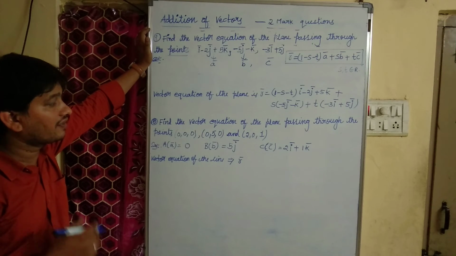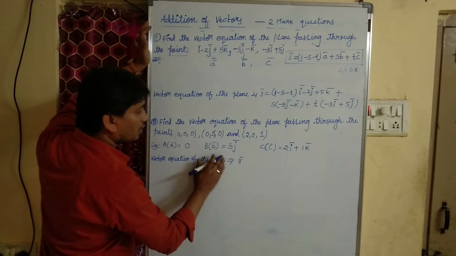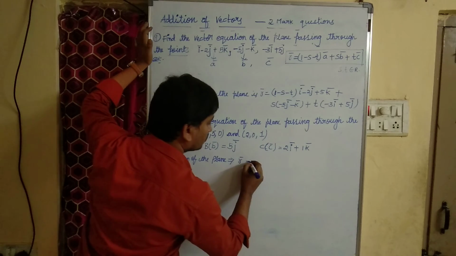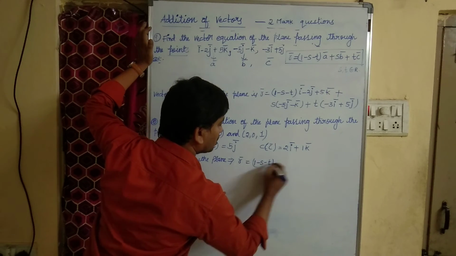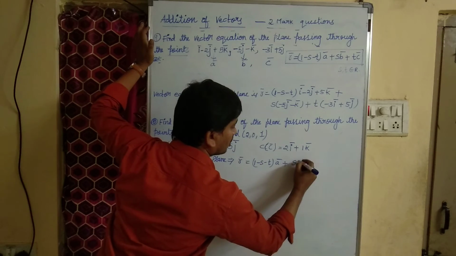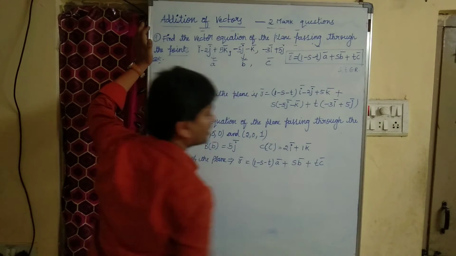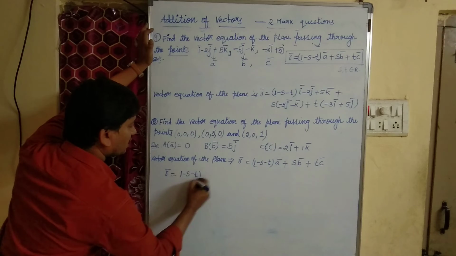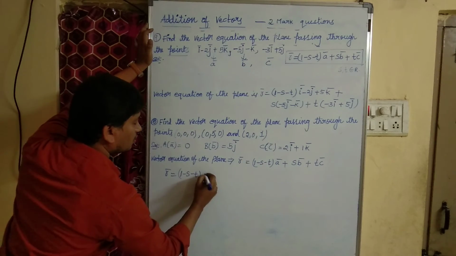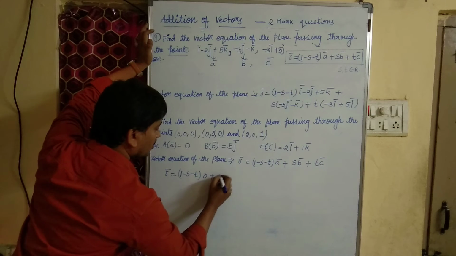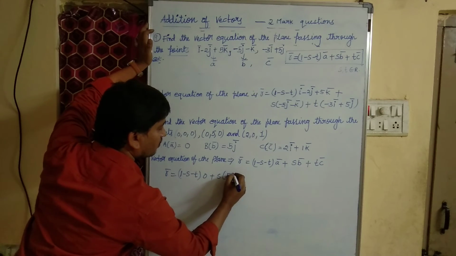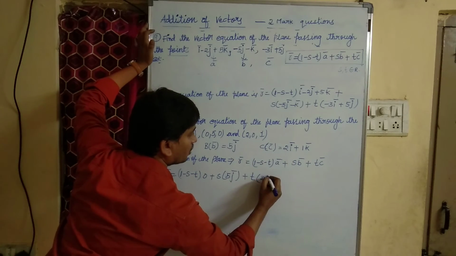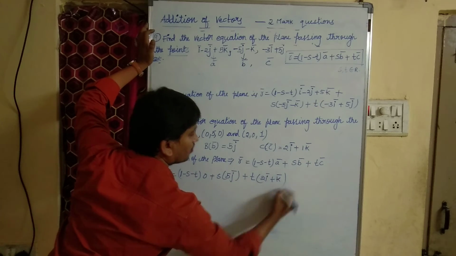Again the same: the vector equation of the plane passing through the 3 points is r bar equal to (1 minus s minus t) into a bar plus s b bar plus t c bar. So r bar equal to (1 minus s minus t) into a bar, as a bar is 0, plus s into b bar, which is 5j bar, plus t into c bar, which is 2i bar plus 1k bar.